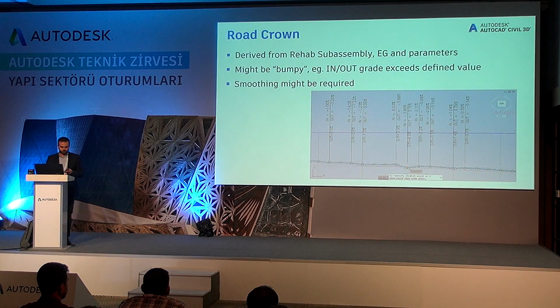So very easy to use. The only thing that designers need to take care of with this workflow is just to check for that. Sometimes, because it's based on cross-sections, and we're doing it differently, there are some certain bumps in the profile.